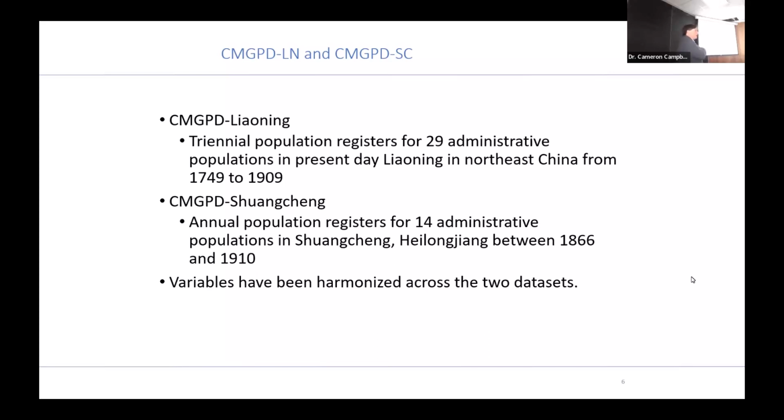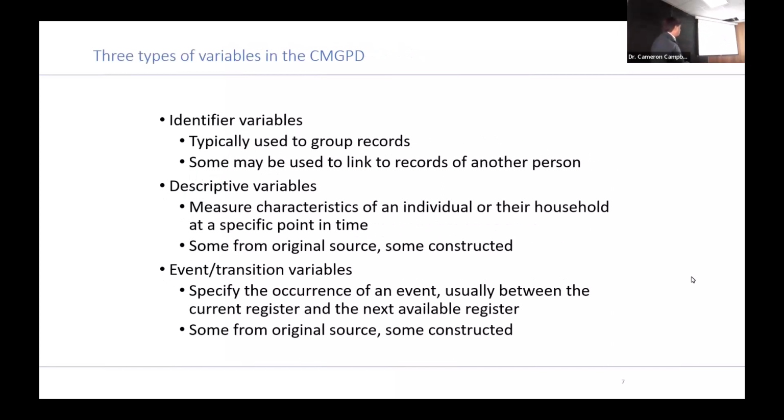For the public release, we harmonized all the variables across the two data sets. So you can even have undergraduates download these data and do things with them in 15 minutes. The data is already ready to use.